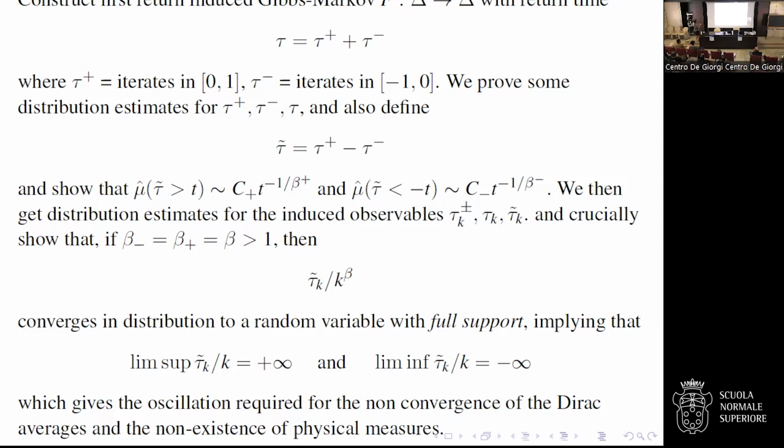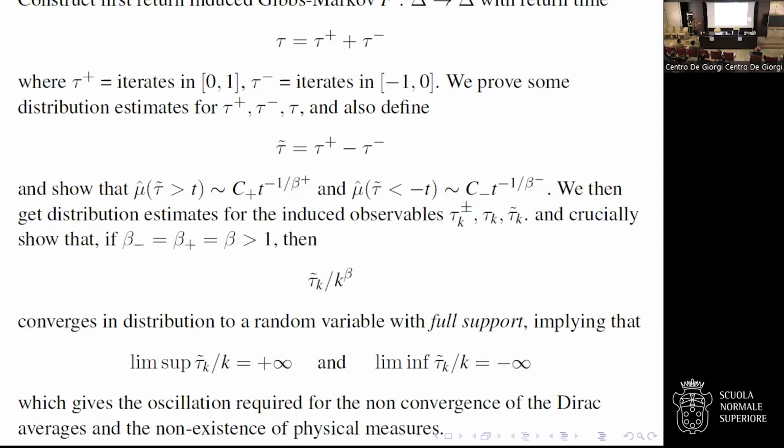So we construct the induced Gibbs-Markov map, a Young tower that many of you are familiar with, and it has a return time tau that is naturally split up into the sum of two blocks, which is the time that the orbit spends on the left and the time that the orbit spends on the right, or on the right and on the left.